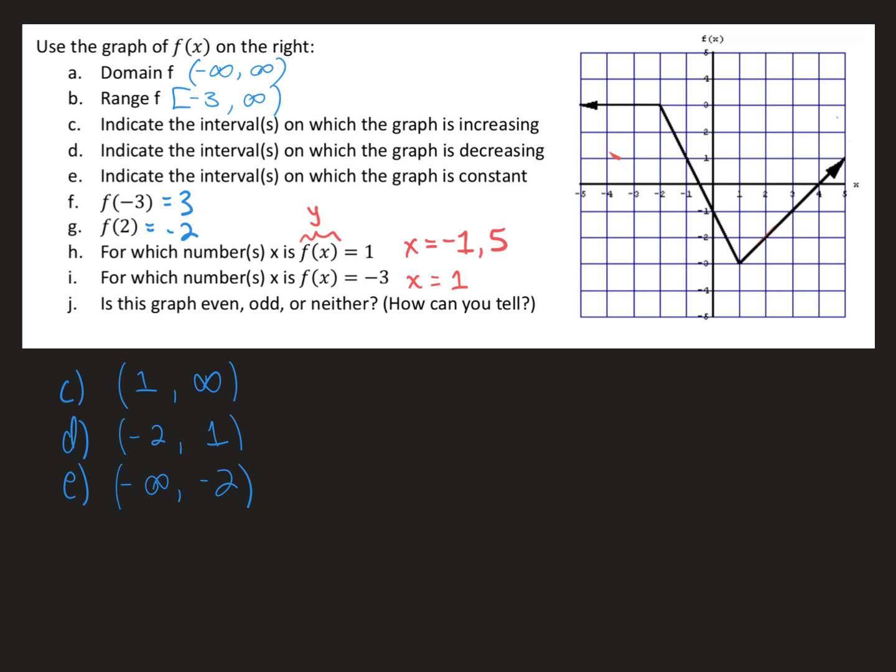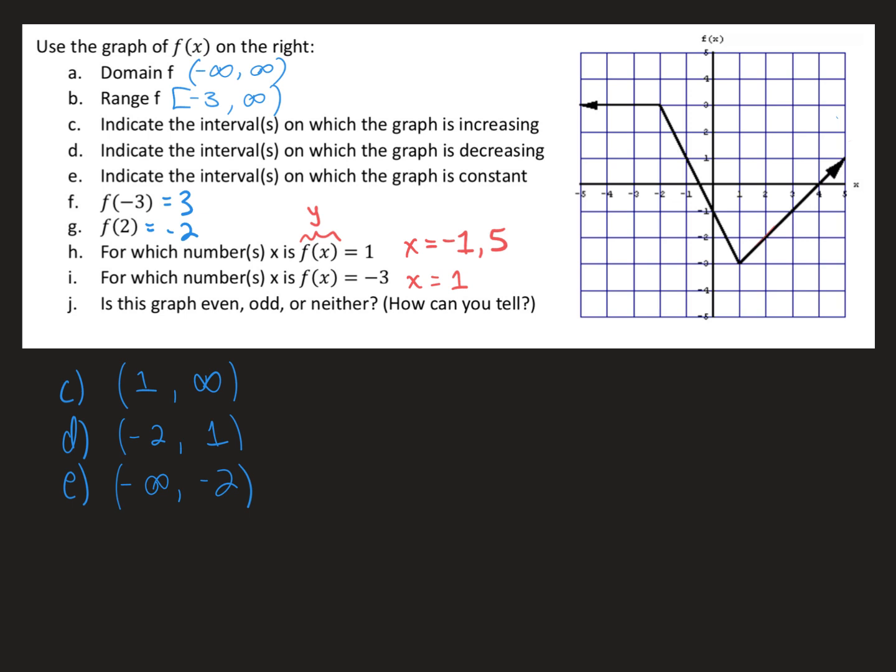In fact, is it odd? Well, in order to tell that it's odd, you'd have to picture this graph flipped upside down. And for right now, if you turn your head as best you can, this graph will not be the same graph right side up and upside down.